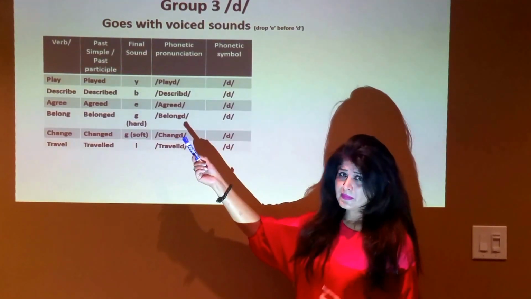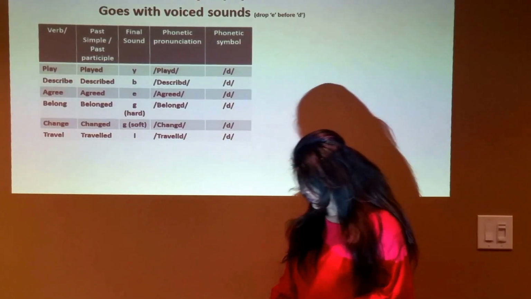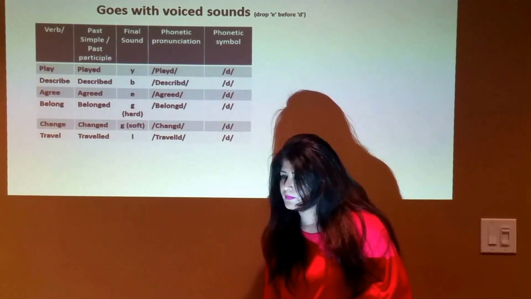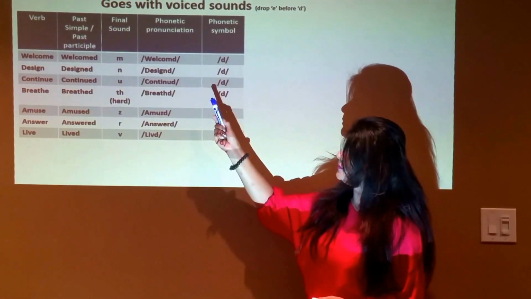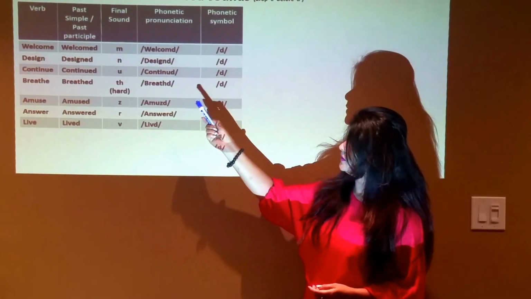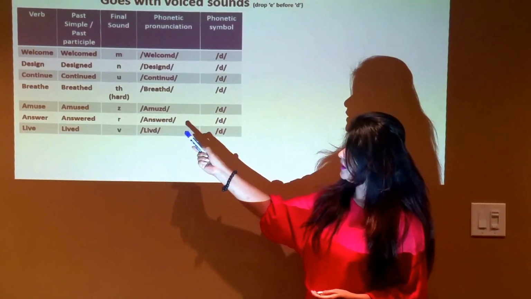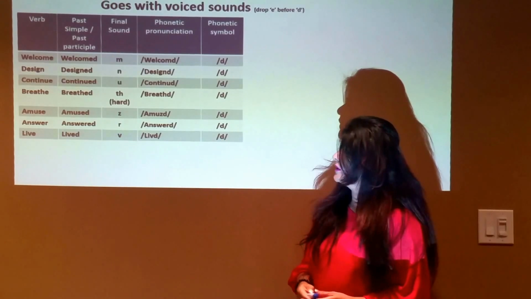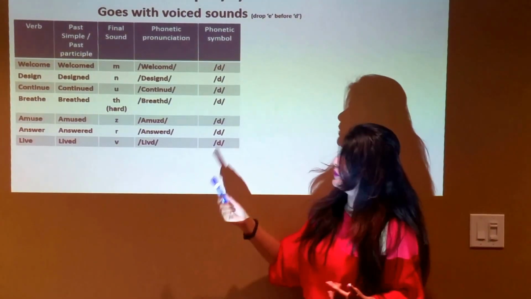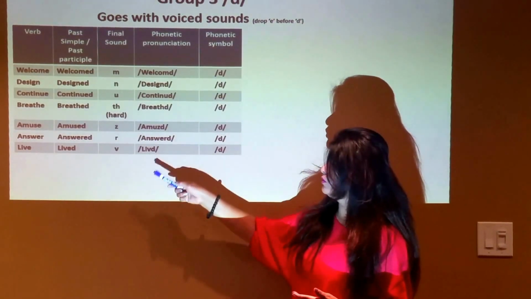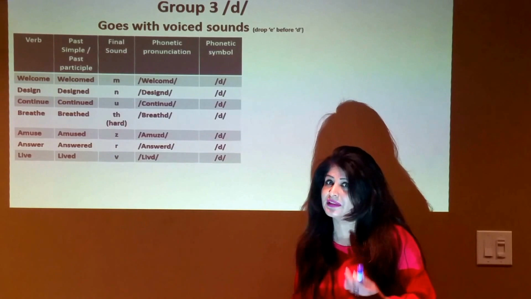Agreed, belonged, chained, traveled. Some more words: welcomed, designed, continued, breathed, amused, answered, lived. You can see in writing they have an ed ending, but when we speak there is no ed, just a simple d. And that goes without stress.